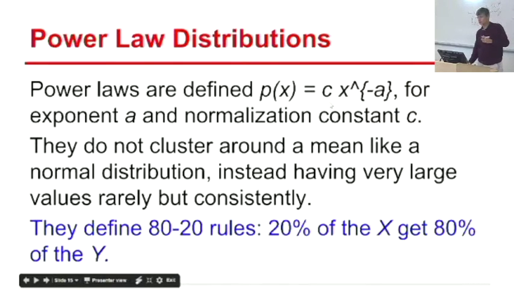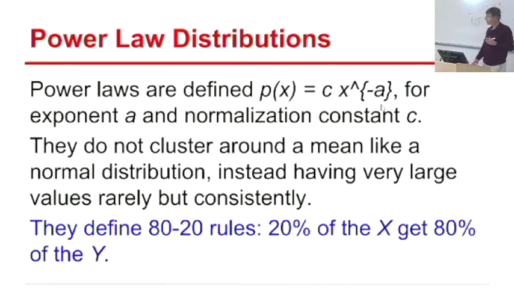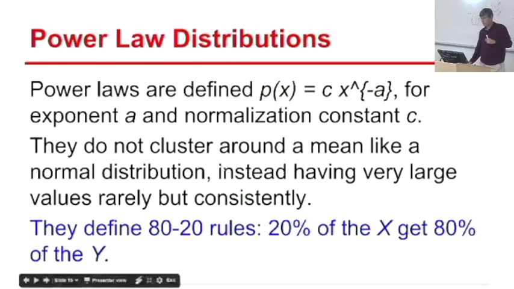If you've got 1 billion people, how many people lie 100 standard deviations from the mean? Well, you can compute what the probability is of lying 100 standard deviations of a mean. But it doesn't go to 0 that fast as you get further out. Okay? So power laws exist when you have a world where it's not really a bell-shaped thing, and very large values are rare, but do occur consistently.